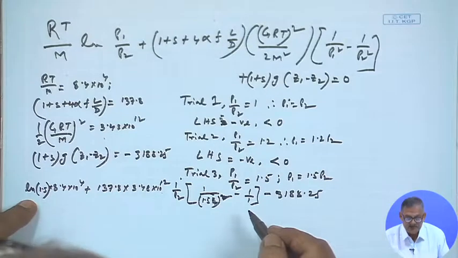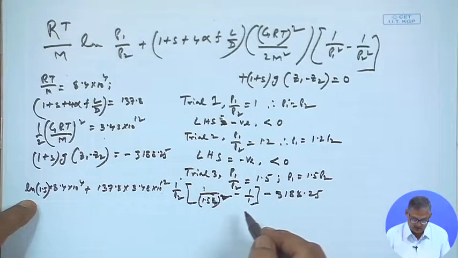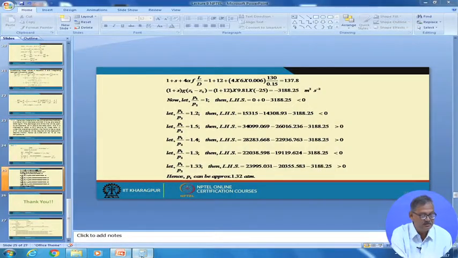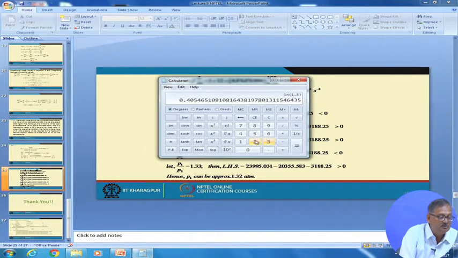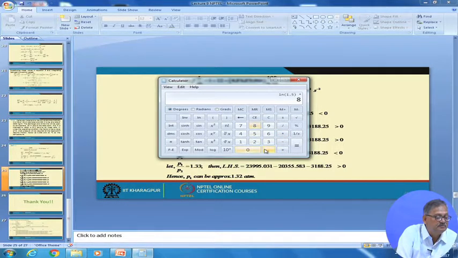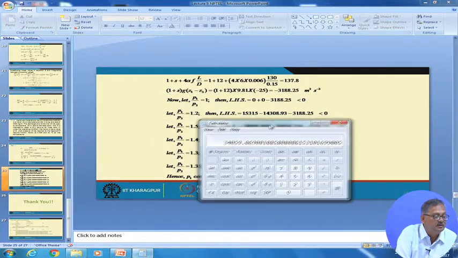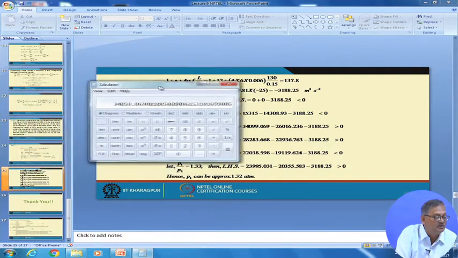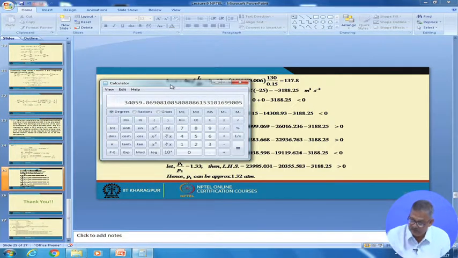So this becomes ln of 1.5, that is 0.40, into 8.4 into 10 to the power 4, and that becomes 34059, right. So that becomes 34059.